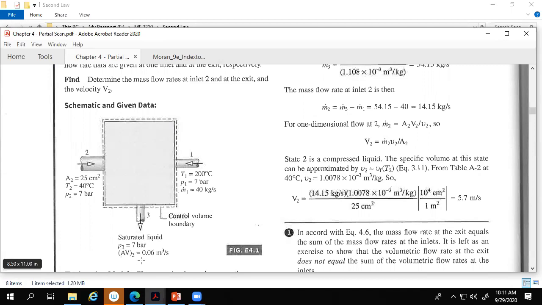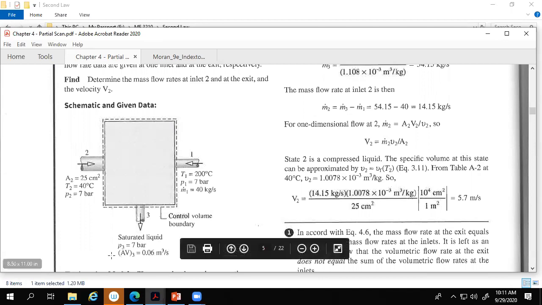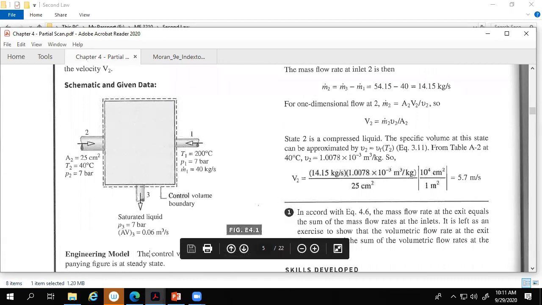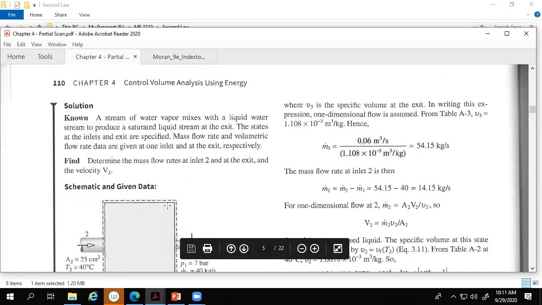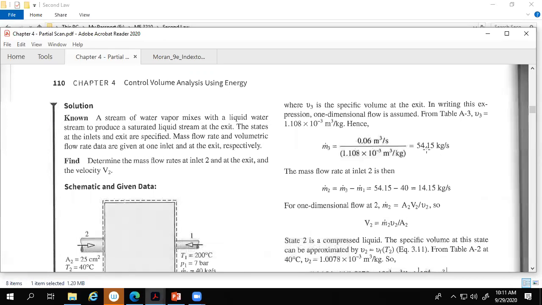You have to realize that 0.06 is A times V. So now you can calculate the mass flow rate at 3. And doing that, checking all the units, we get 54.15 kilograms a second.